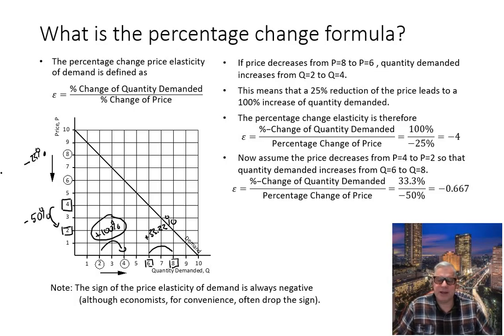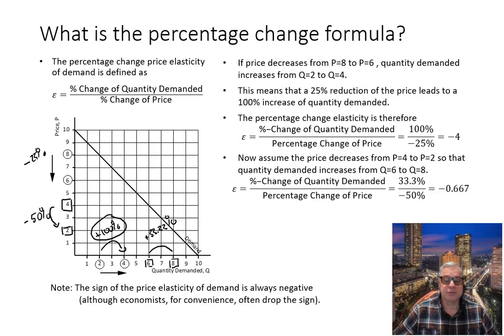The lower the value is in absolute terms, the less elastically demand reacts. And again, you could see I'm struggling with remembering that we always need to put a negative sign in front of the price elasticity of demand. But very often, for convenience, we just drop that, because when we talk about the price elasticity of demand, we know that it is negative, because the demand function is inversely shaped.